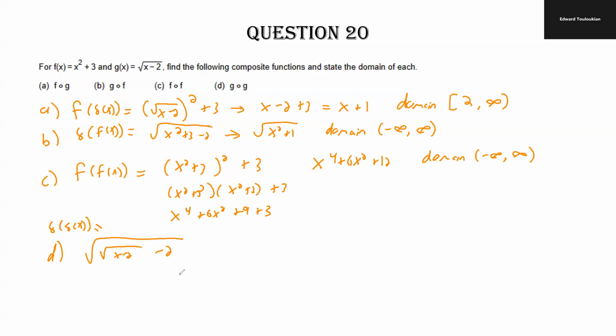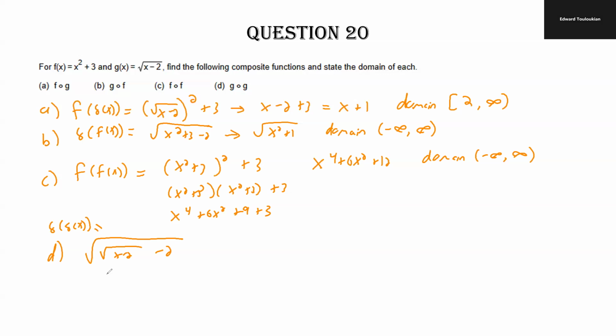All right, and then for the domain here, we can't have this part be negative. If this was negative, that'd be a problem. If we have the square root of a negative number, that's a problem.